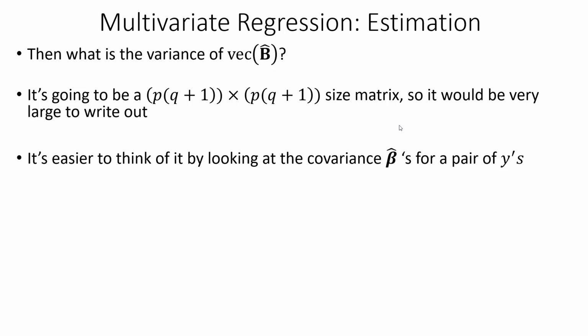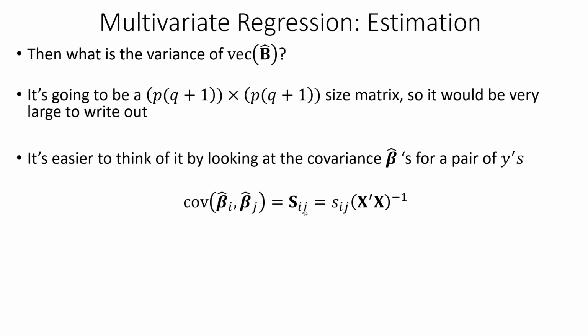So it's a little simpler instead to find the pairwise covariances between these different slopes. Let's say I have y1 and y2, my two different response variables, and I want to know the covariances between the slopes that they have. So we'll take the slopes for yi, the slopes for yj, and calculate their covariances, and we'll call that matrix Sij.